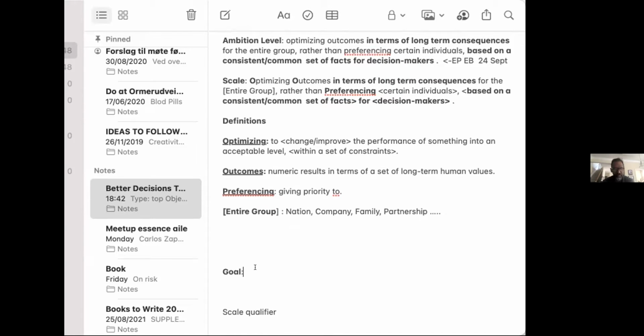Now, a goal is a place on that scale of measure that I want to be in the future. Do we have a scale of measure yet? I wasn't quite clear. Yes, we have a scale of measure where some of the terms are defined.